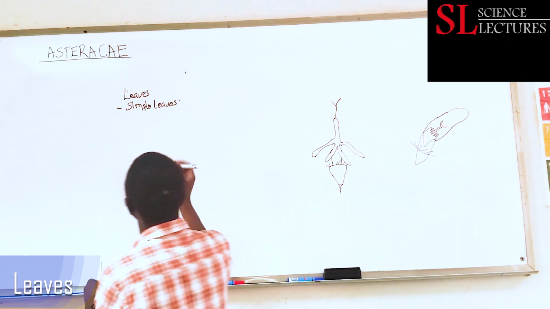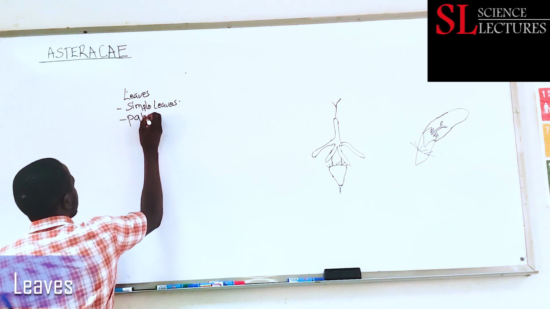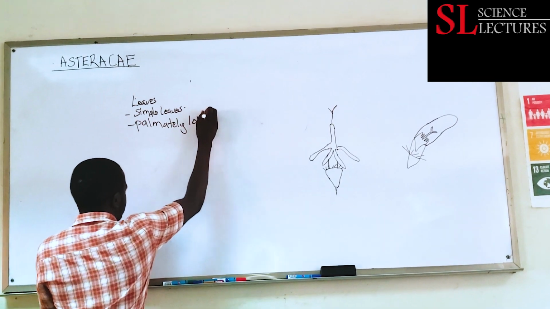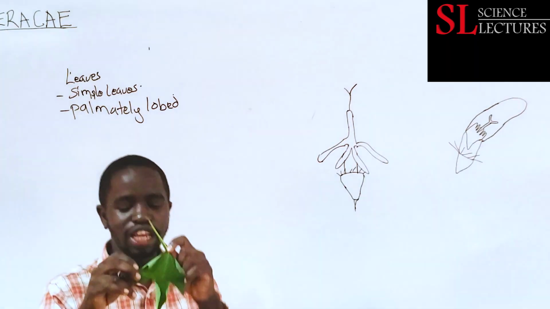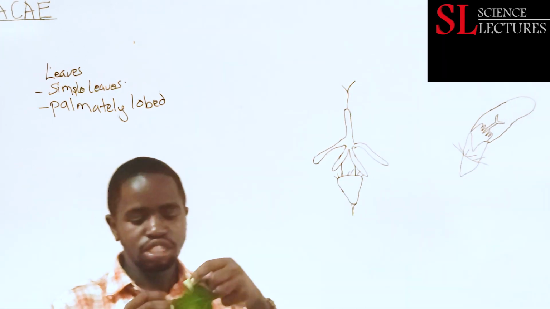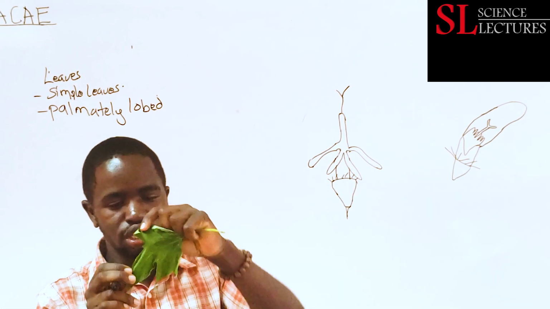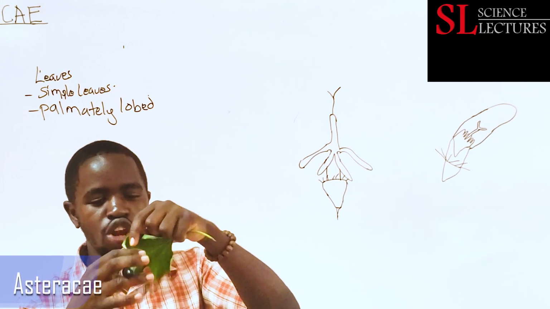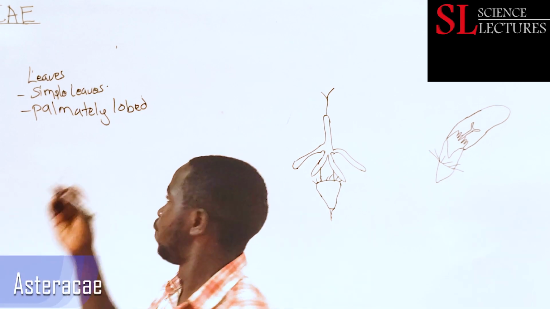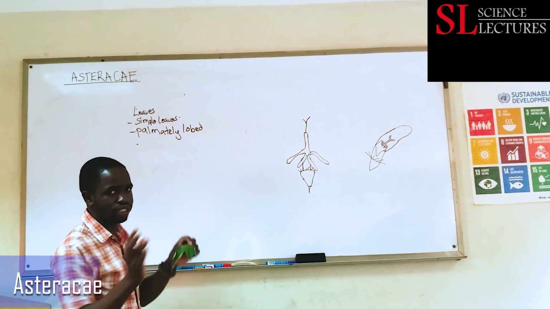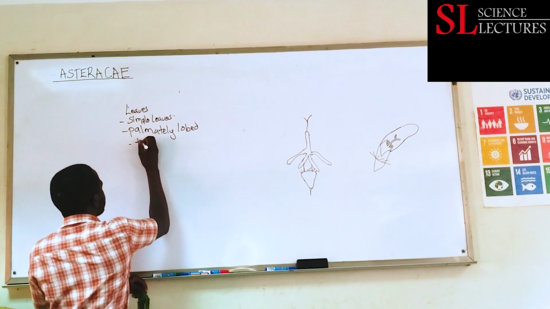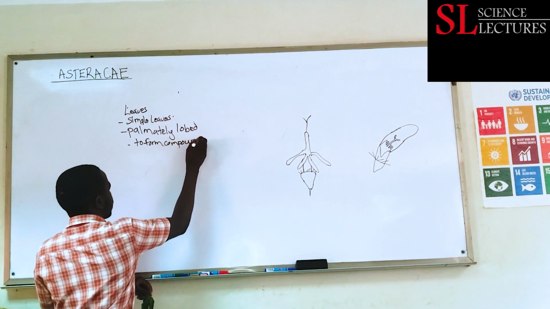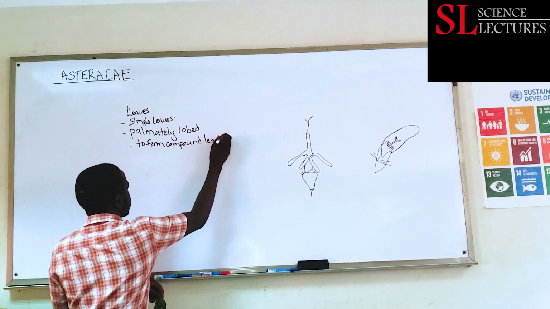However, sometimes these leaves are palmately lobed. As you can see, this one is almost divided. You can see this is a lobe, and this is a lobe, but this is still a simple leaf. They are palmately lobed and not completely divided to form compound leaves.